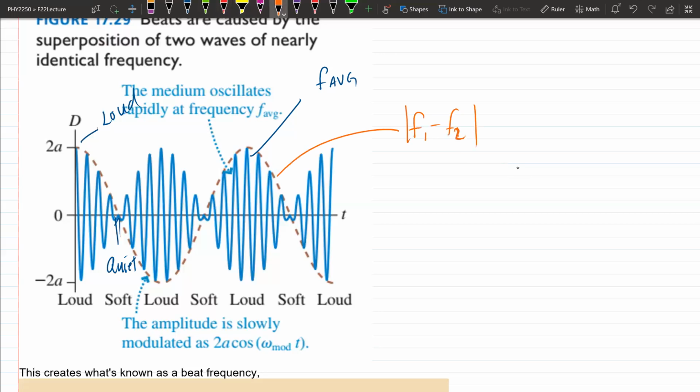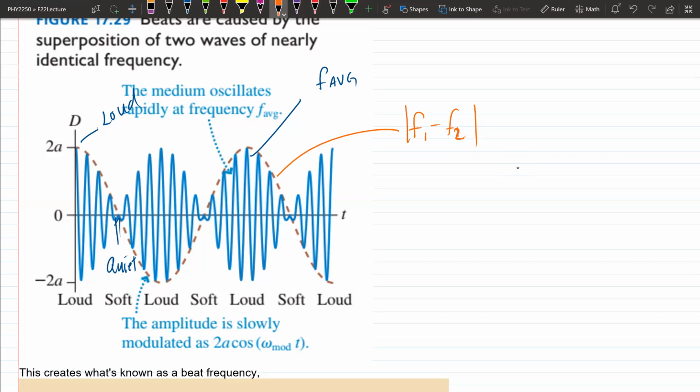So on that little tuning fork, this tuning fork is 440, but by adding a little bit more mass here, I lowered the frequency by maybe 2-3 hertz. And therefore the average frequency is still about 440, but this envelope is coming out at about 3 hertz.